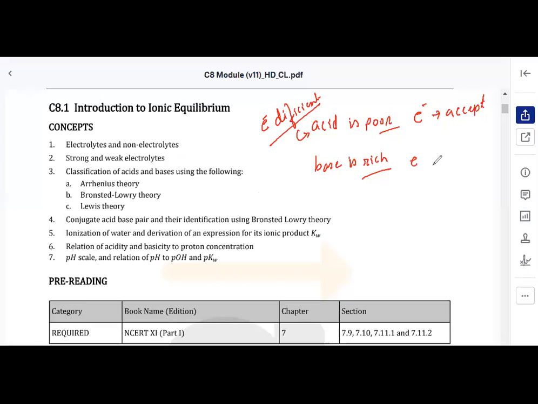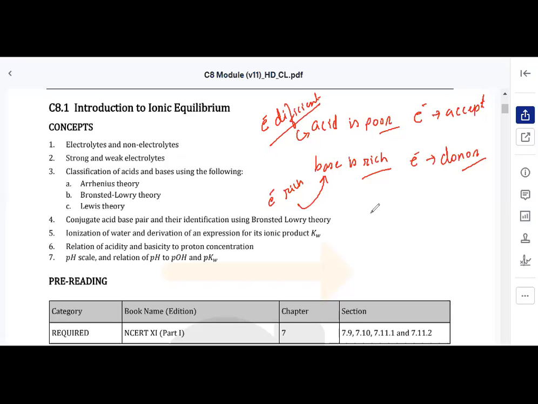It is an electron donor. So any electron rich species will be your Lewis base. Got it? That's the concept. Easy to understand.